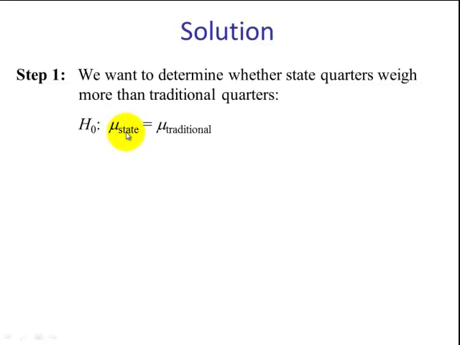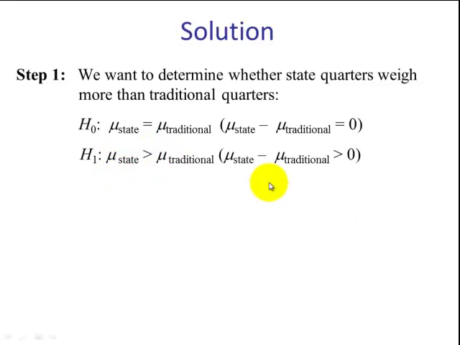The mean of state equals the mean of traditional is the same thing as saying if I take the mean of the state minus the mean of traditional, I will get a 0. So these two are equivalent statements. The alternative is the mean state is greater than the mean of traditional, and another way we can say that is we take the mean for state, subtract the mean for traditional, and that's going to be larger than 0. So that's step 1.